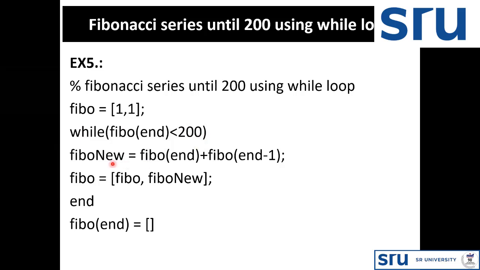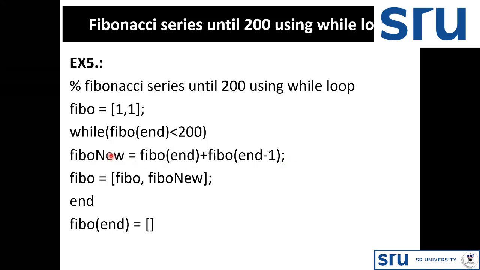Okay, so now you see the Fibo new. I have taken another name in place of Fibo i. You can take Fibo i also, no issue. I just wanted to show another way of writing it. So Fibo new is equal to Fibo n plus Fibo n minus 1.